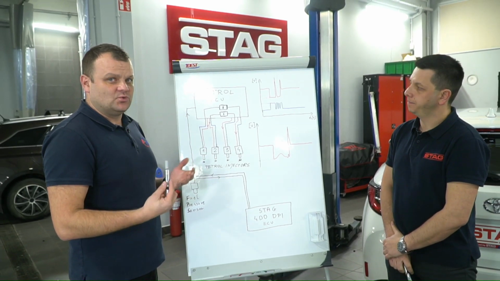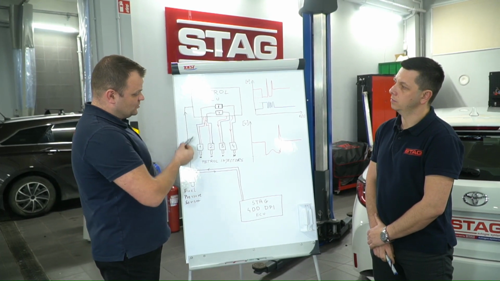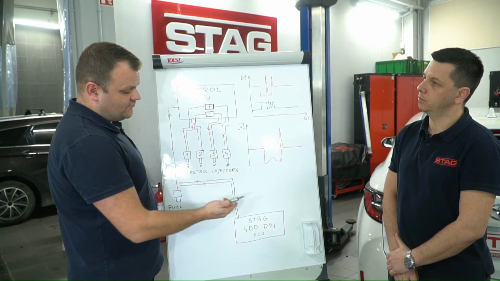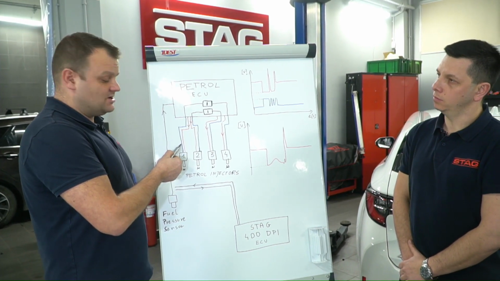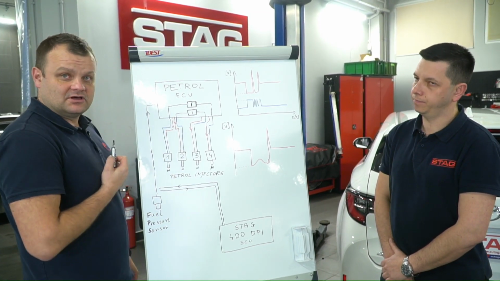What does the word strange mean in this situation? It's the situation when we are connecting the Stag 400 DPI to this wire. This wire is a power supply wire. The red wire in this scheme is a signal wire.